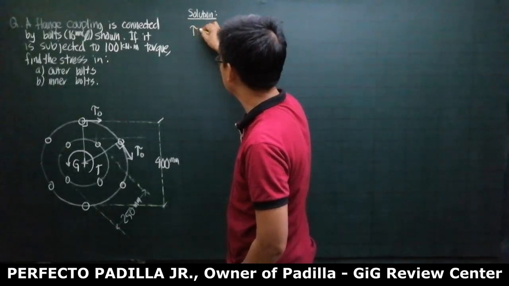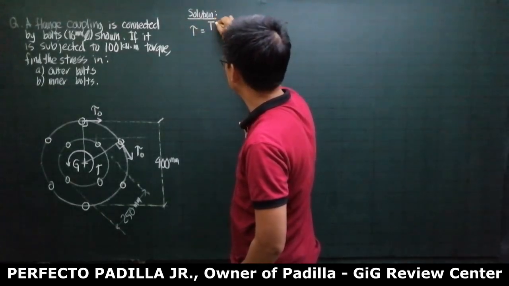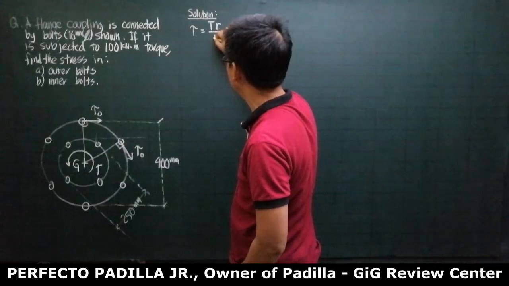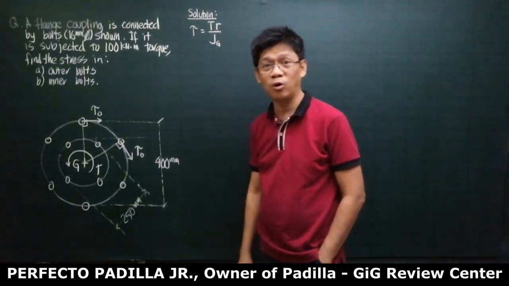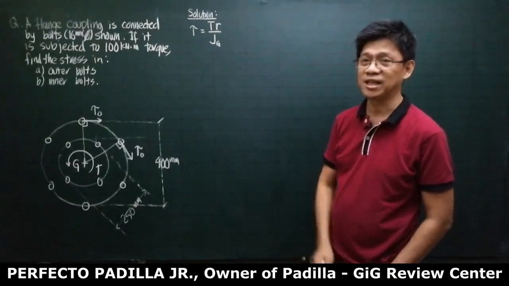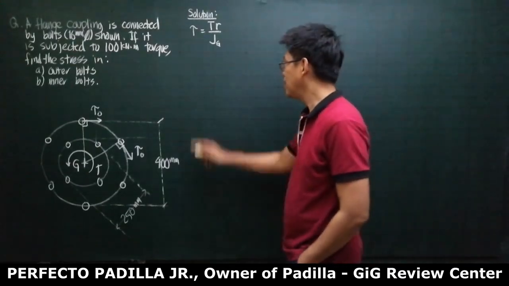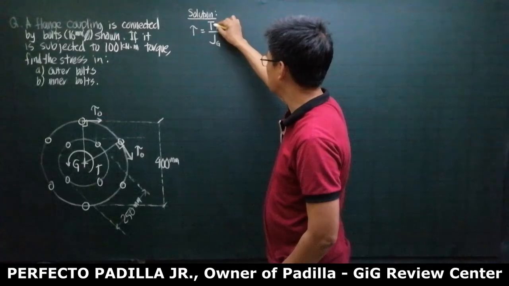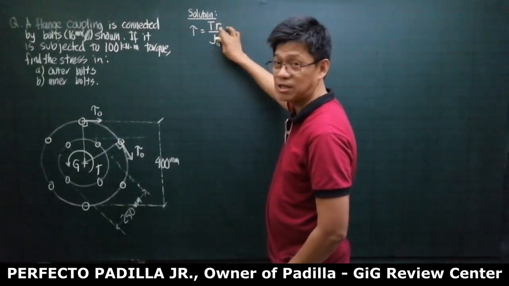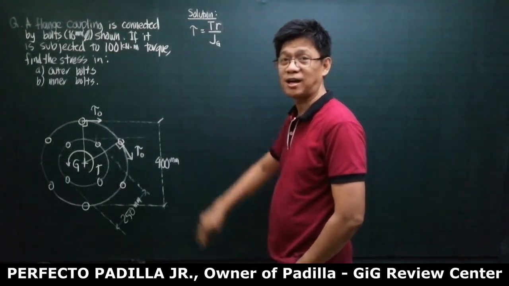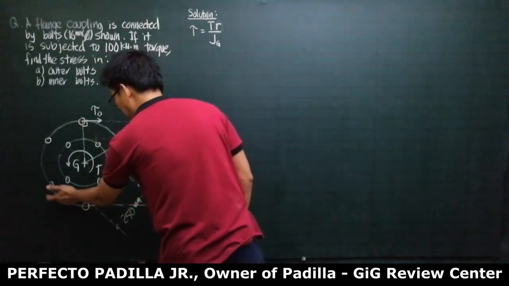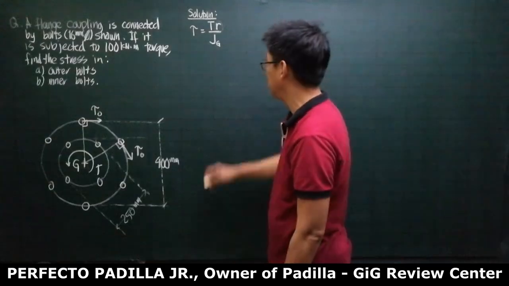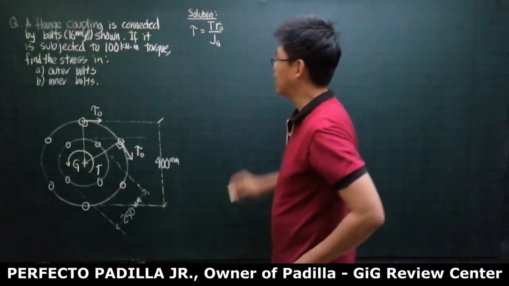Because we know that stress is simply TR over J. This J is J global of all the bolts resisting the torque. So the stress is dependent upon the R. If their R are the same, their stresses are also the same. So the stress in the outer bolts will be the same because their R are the same.